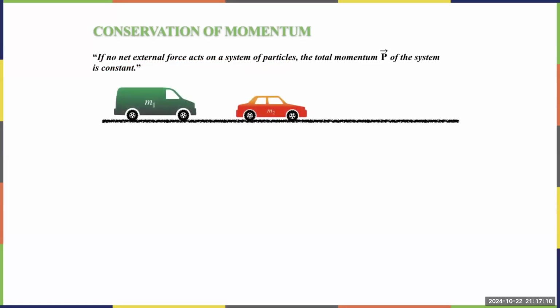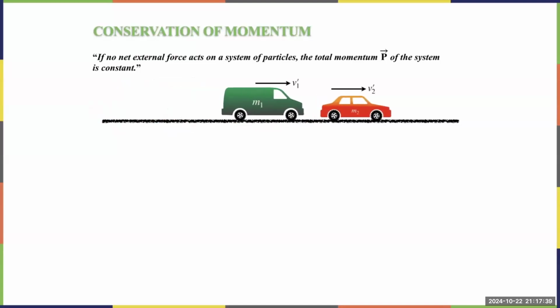Like here, if you have two systems, here we have a big SUV van and we have another sedan of mass M2, right? As they travel, the SUV van is traveling with velocity v1 and the sedan is moving with velocity v2.